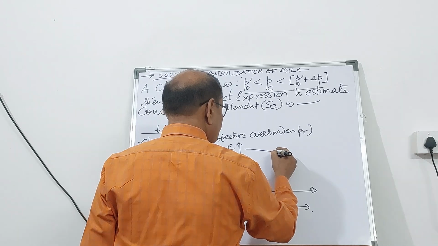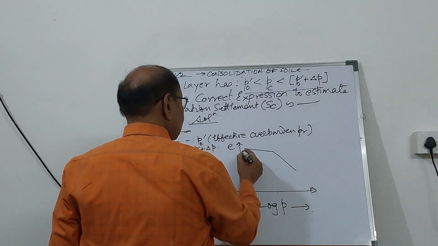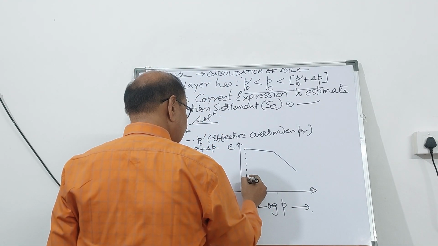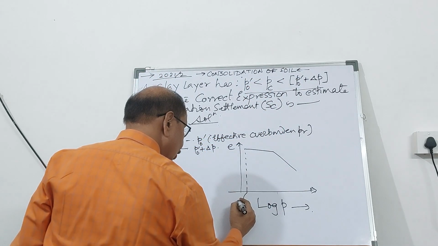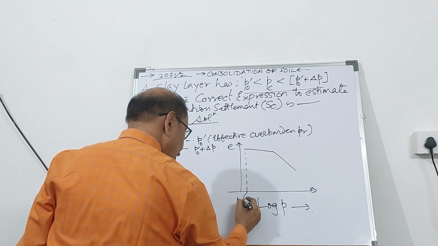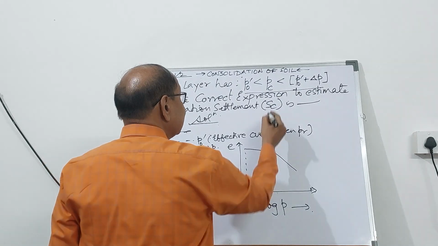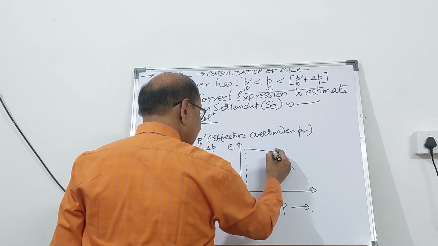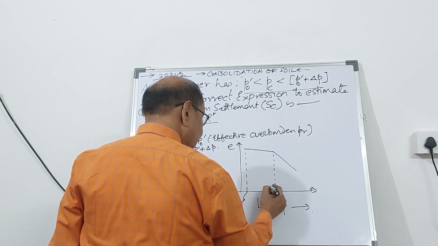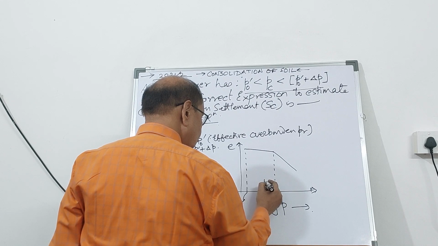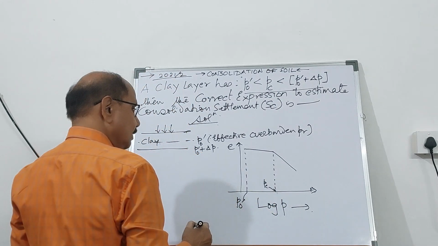So the overburden pressure is given as P naught prime. So P naught prime is less than Pc, and this is the pre-consolidation pressure, Pc.